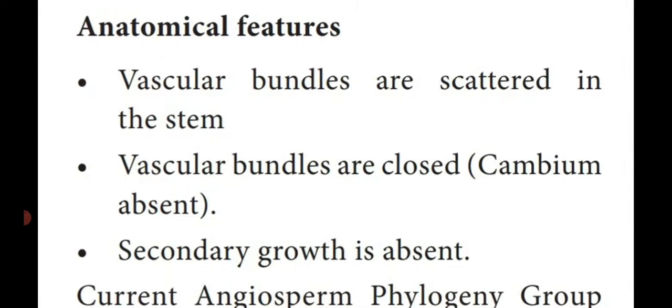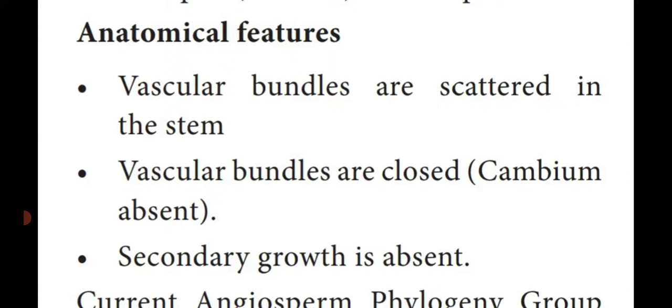Now coming to the anatomical features. Vascular bundles are not in a ring-like structure. They are scattered, that means they are located in different places in the stem region. Cambium is absent between the xylem and phloem, so the vascular bundle is closed type.